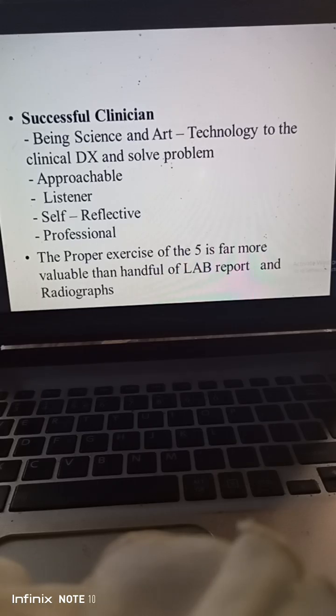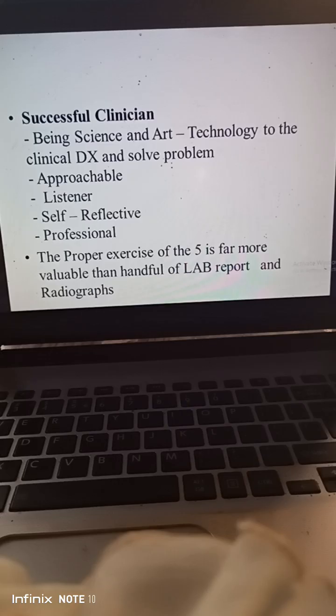And when you say it is art, it needs a specific skill to approach your patient. It needs specific skill for certain physical examinations so that you can use important recent technologies and reach your diagnosis and solve the problem of your patients. So these five things are very important for a clinician to adopt.